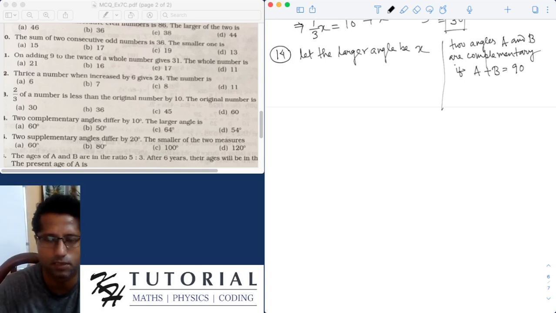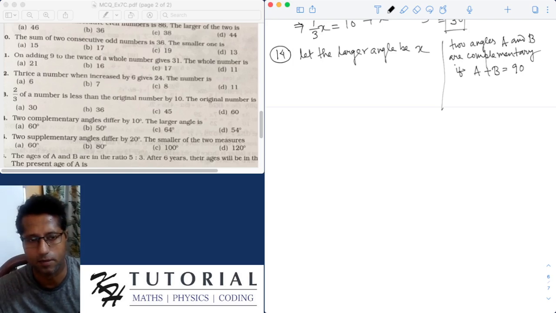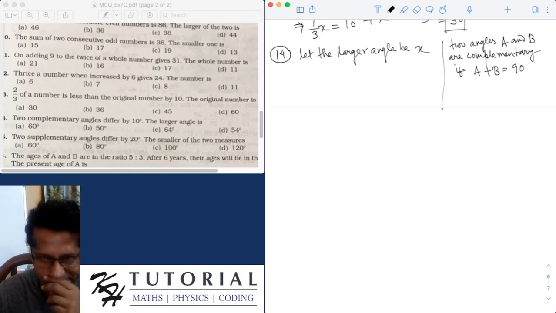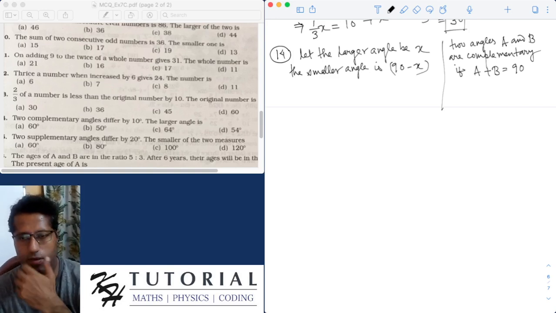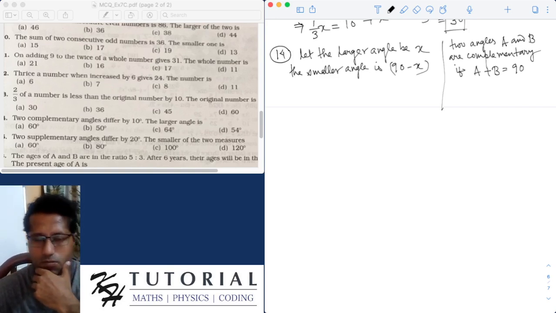Since the two angles are complementary, the smaller angle is 90 minus x. Since we have considered the larger angle to be x, the smaller angle has to be 90 minus x, so that their sum is 90.